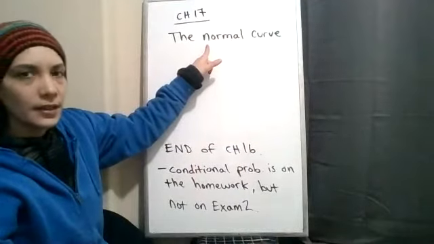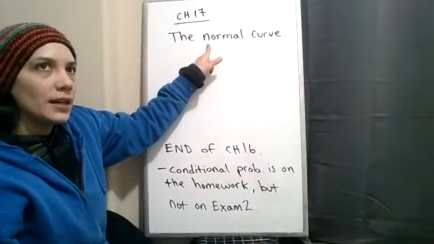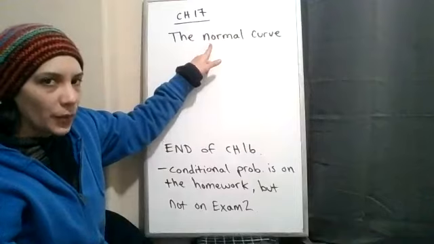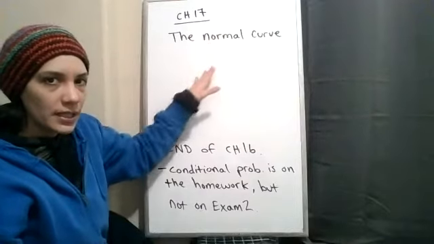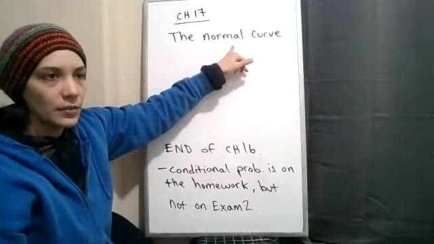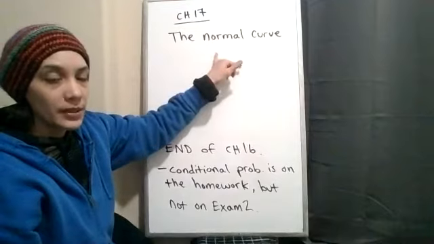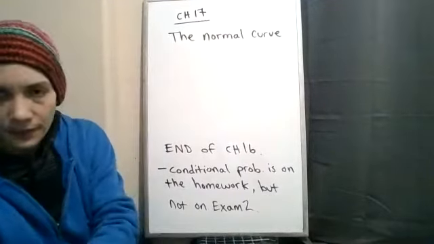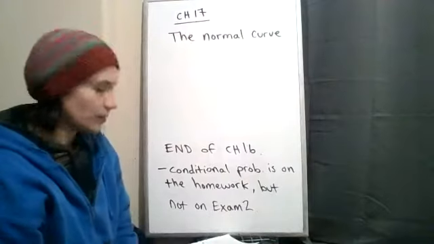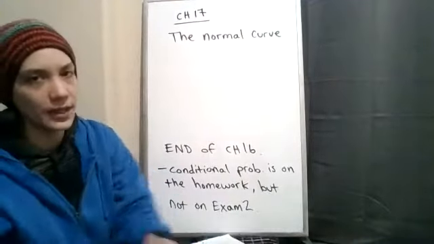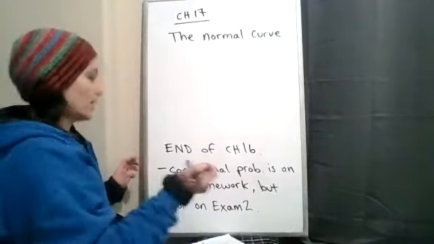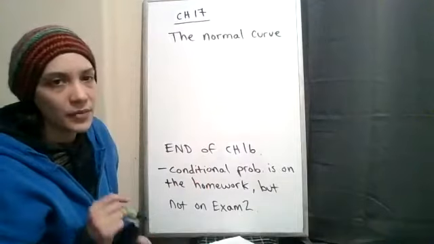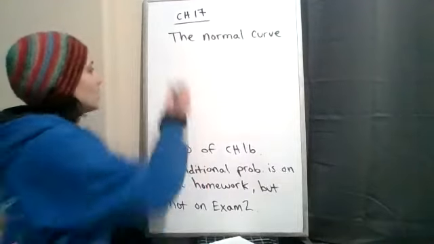The normal curve. We have looked at this before when we talked about distributions that were normal. They were bell-shaped. I think I might save that for later. For now, we want to define random variable and then the mean of a random variable.